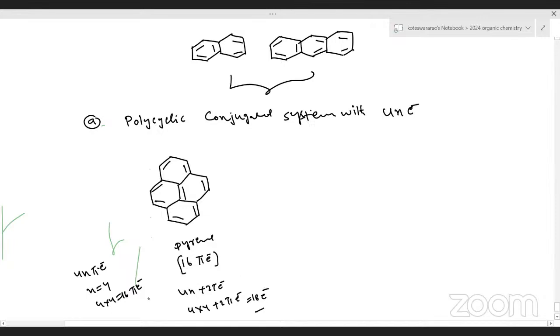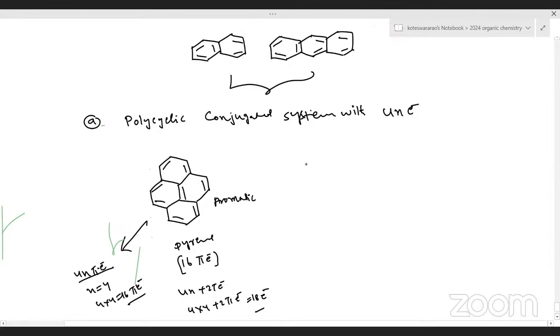But in this case, it has 16 pi electrons. According to Huckel's theory, it is non-aromatic, but its property is aromatic. This is recognized by various methods.